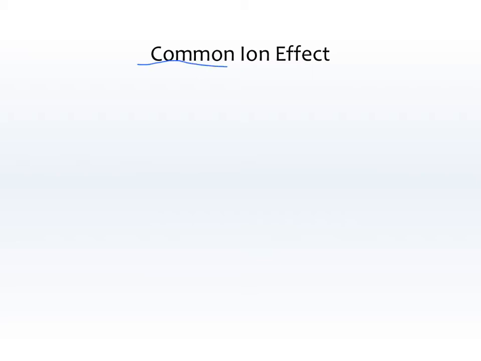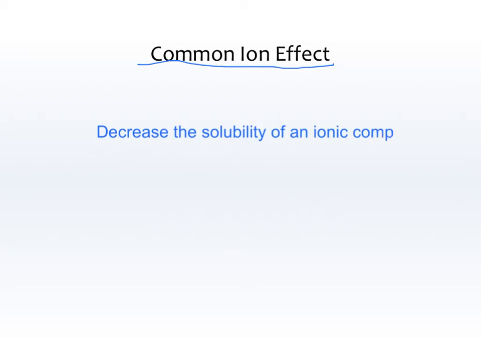We had talked about the common ion effect when we talked about Ksp in our solubility unit earlier in the year. But the common ion effect will just decrease the solubility of an ionic compound when a common ion is added.